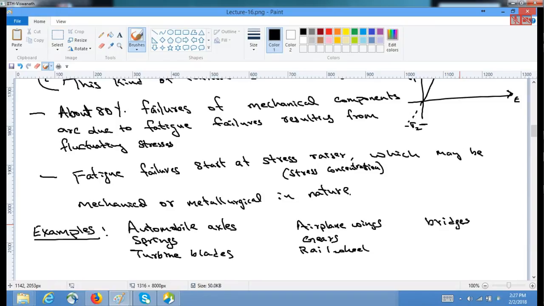No matter how long the cruise is, every time the plane takes off and lands, it is one cycle. Subjected to these heavy loads during takeoff and landing, the wings and certain components are subjected to fatigue loading. So that is one example.